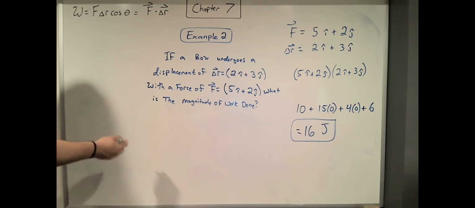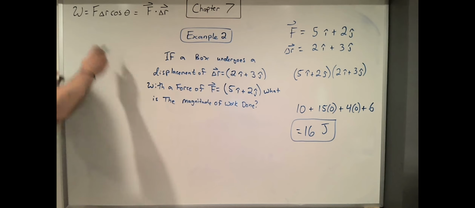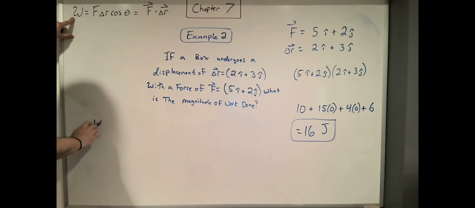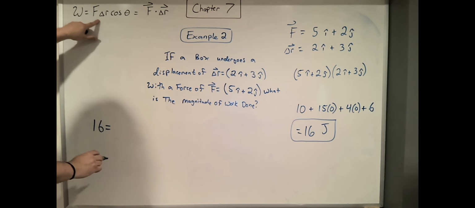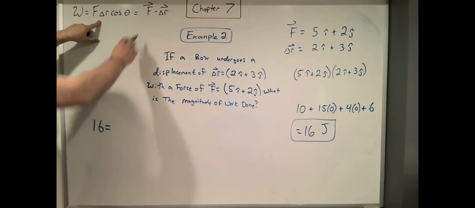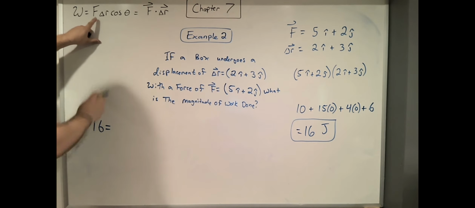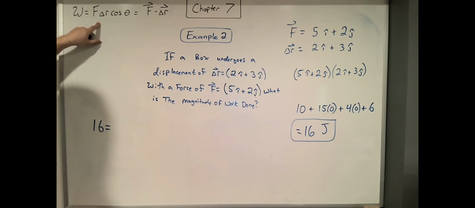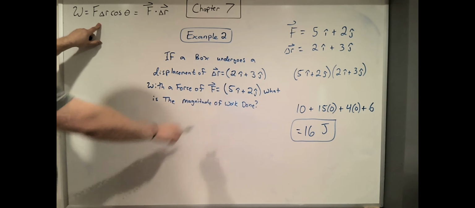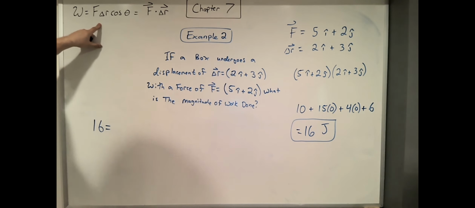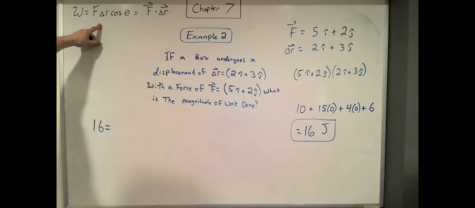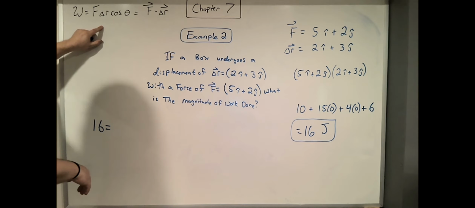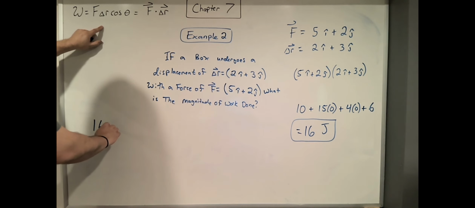So the work, which is going to be 16, is equal to, and we just did this to get the 16, now we'd have to have the magnitude of F. And how do we find the magnitude of F when it's in vector form? You use the Pythagorean theorem, right? We're all the way back in vectors, chapter 3.